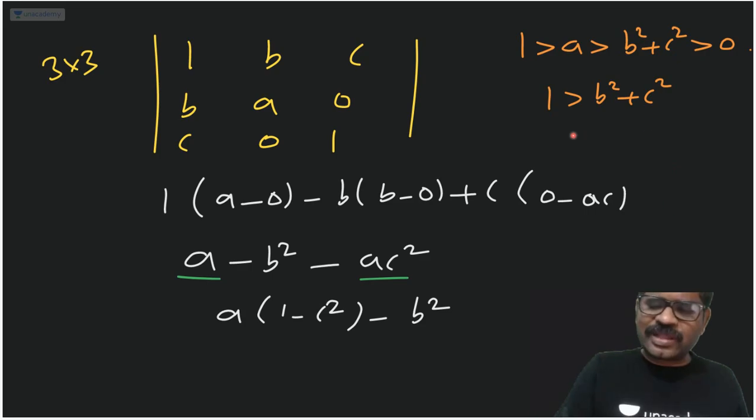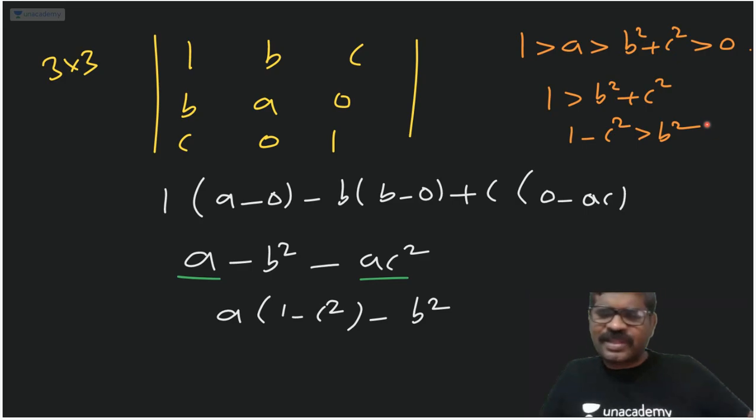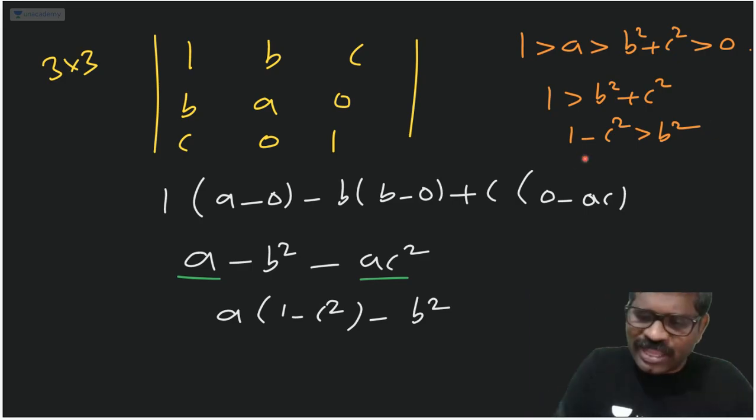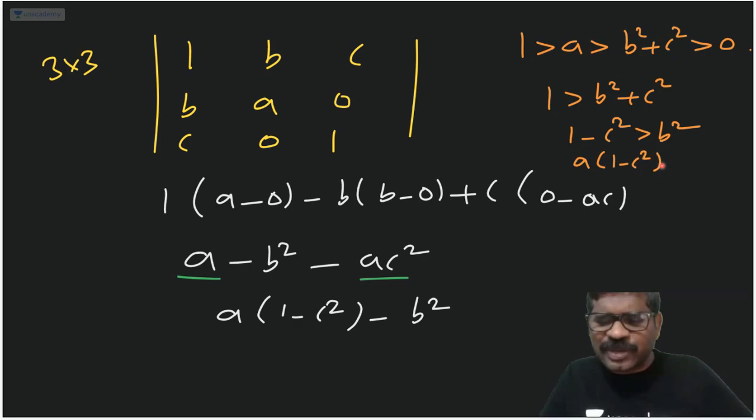So 1 minus C square is greater than B square. Now A multiplied with 1 minus C square is greater than B square or not?